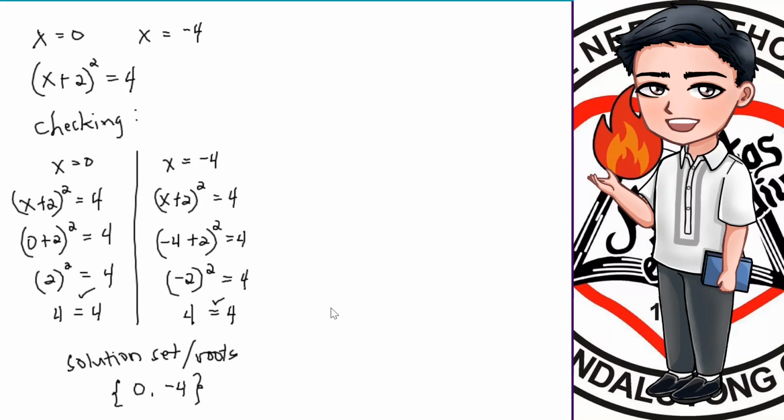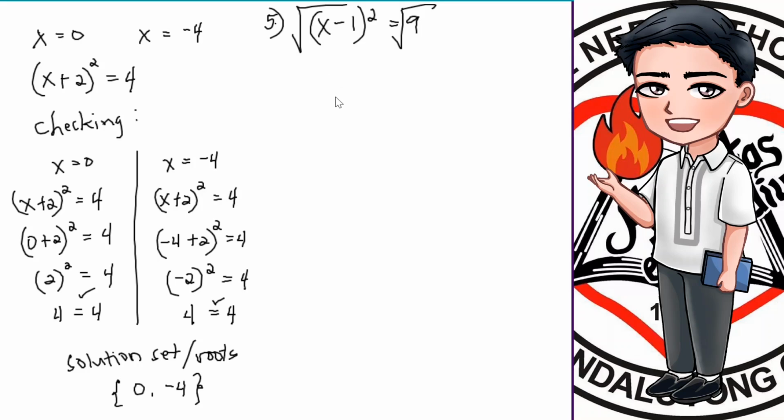Alright? So, another example, this is our example 5. (x - 1)² = 9. So extracting the roots, all we have to do is to just get the square root of our quantities.